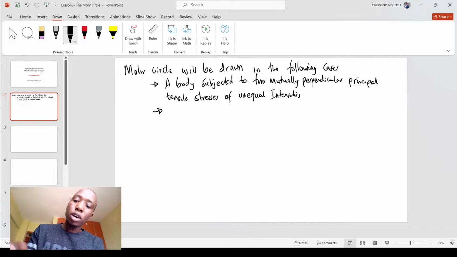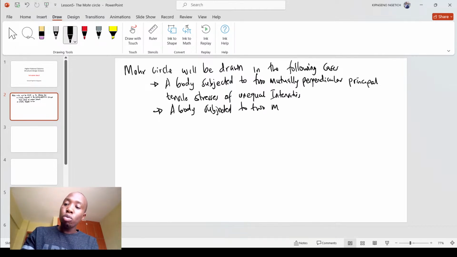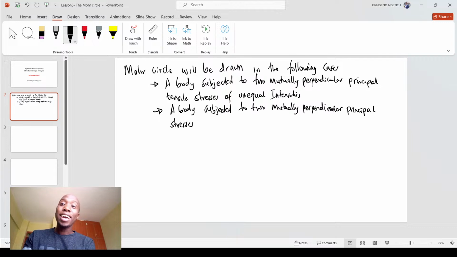The second is a body subjected to two mutually perpendicular principal stresses which are unequal and unlike.